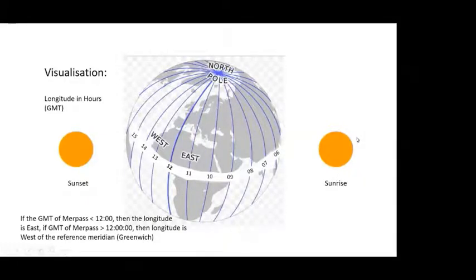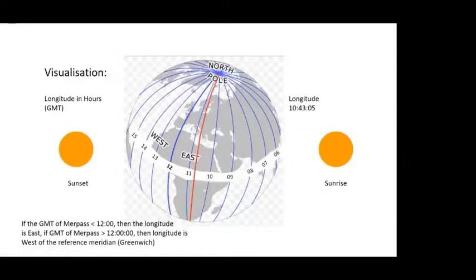On this side is sunrise, and on this side is sunset. Here you've got the GMT of meridian pass as we measured it, and we know that it was 10:43:05, and that is our longitude as we measured it with a clock.